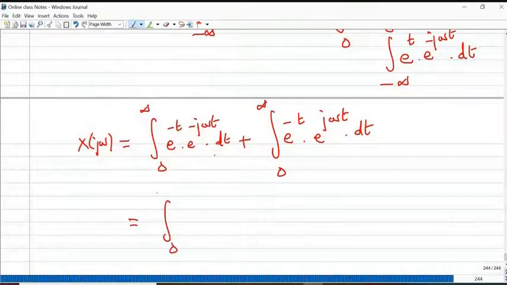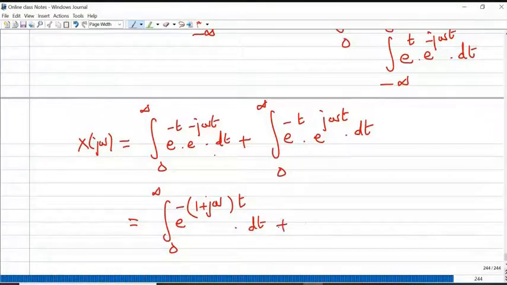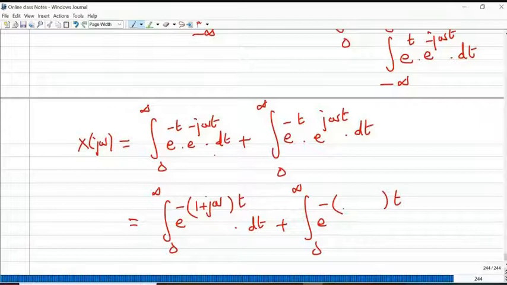Now 0 to infinity e power minus t, you'll get 1 plus j omega t dt. Here 0 to infinity e power minus t, 1 minus j omega t dt.